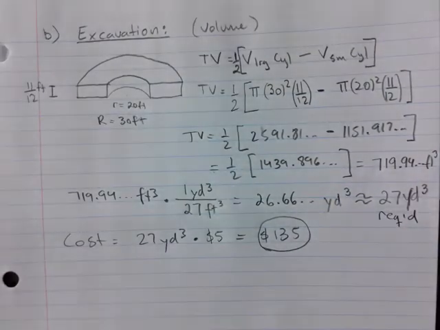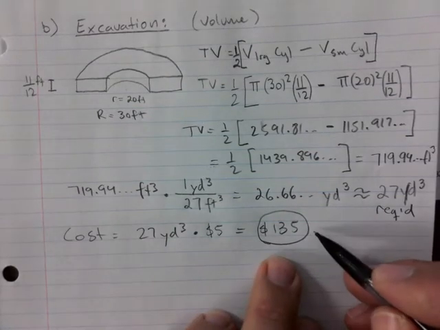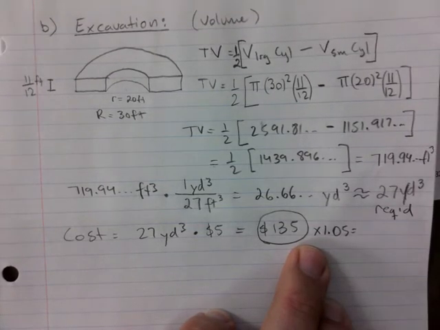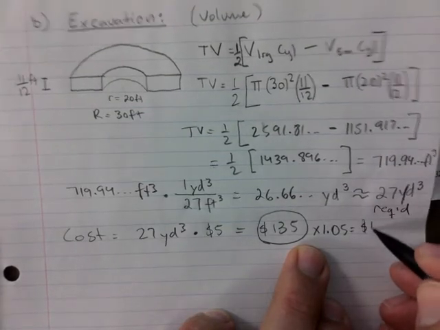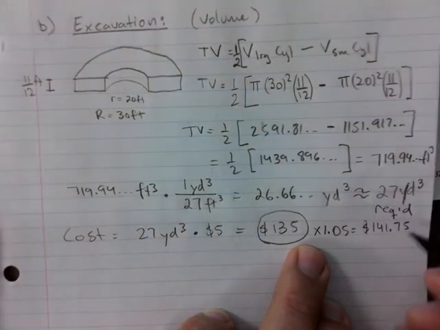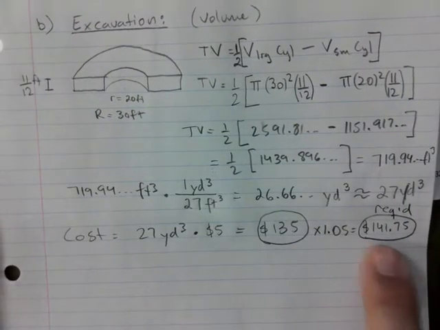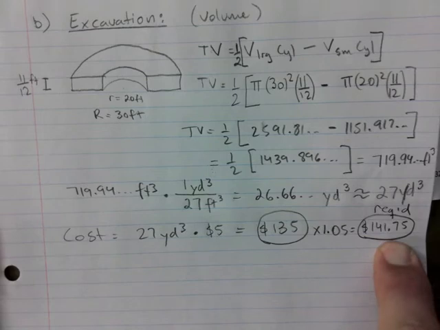Oh, should I do taxes right away? I think I will. Times 1 point what? 0.5, right? 1.05. 141.75. And I think this is the number that I really want towards the end.